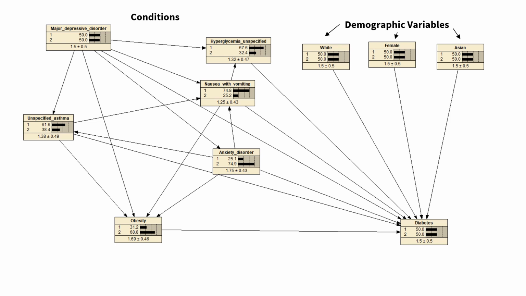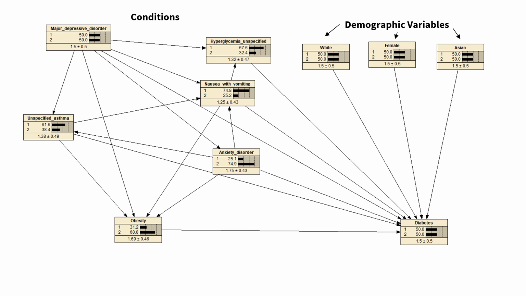Major depressive disorder is a parent of obesity, hyperglycemia, anxiety, and diabetes. Nausea is a parent of just diabetes. Hyperglycemia is only a parent of diabetes. And I can't remember if I said anxiety, but anxiety is a parent of obesity and diabetes.